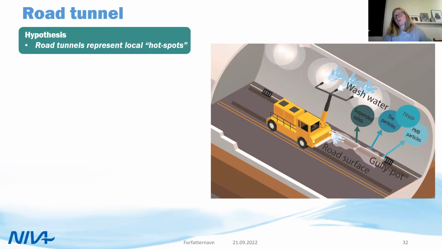And the tunnel wash water is very highly polluted. We know this from a lot of other studies that looked at different types of pollutants, but not at tire wear particles or microplastics.